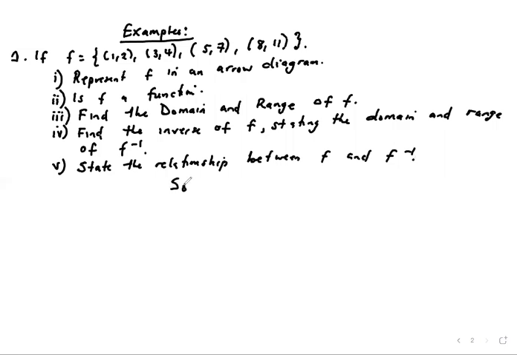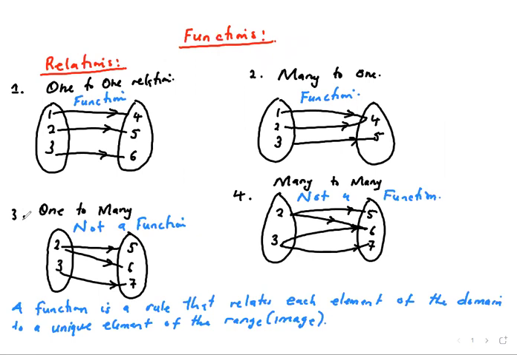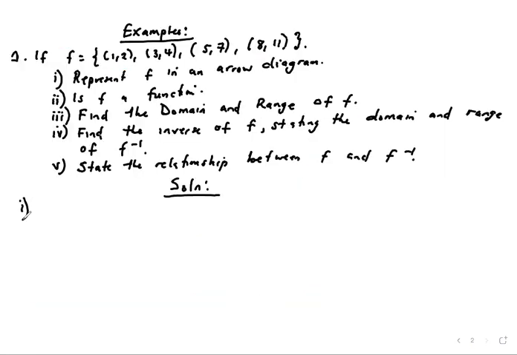The solution. 1. Represent f in an arrow diagram. First thing, an arrow diagram is of this form, where you get the elements of the left 1, 3, 5, 8.